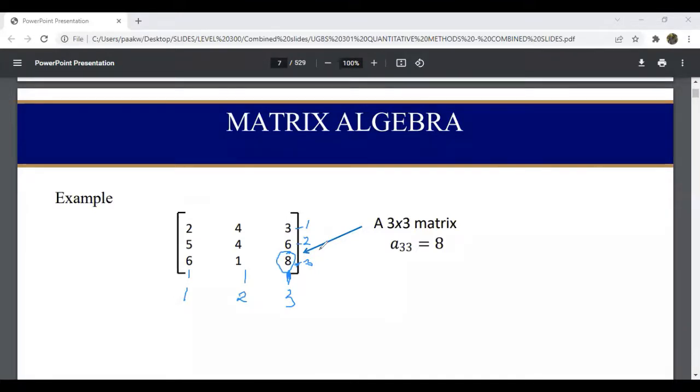Okay, so who can tell me about the element 4? Where can that one be found? On which row and on which column?